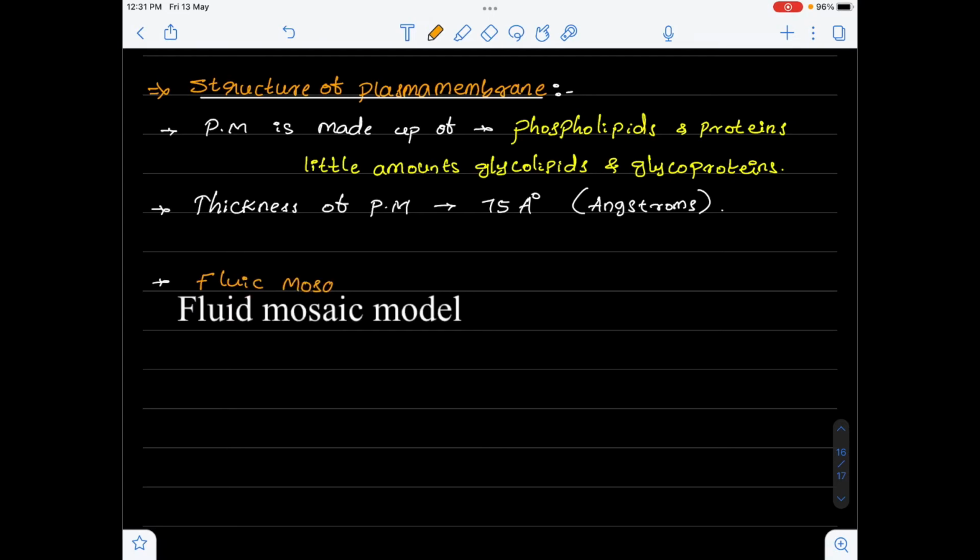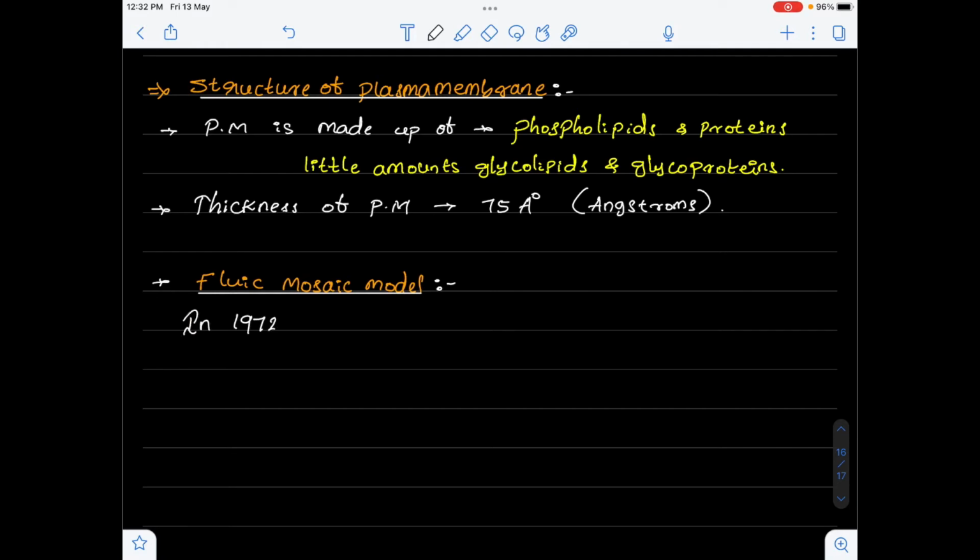For example, to study the Earth structure, we use a globe as a model. Similarly, to study the structure of plasma membrane, different scientists proposed different models.